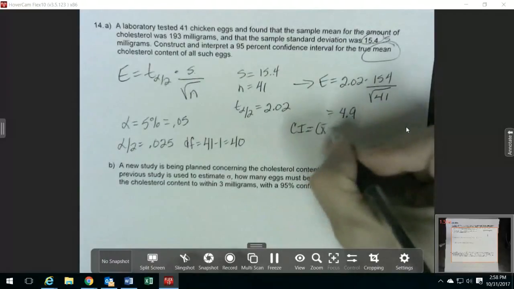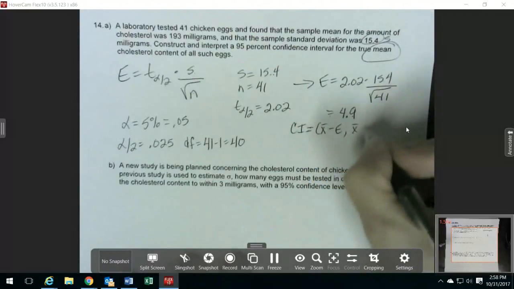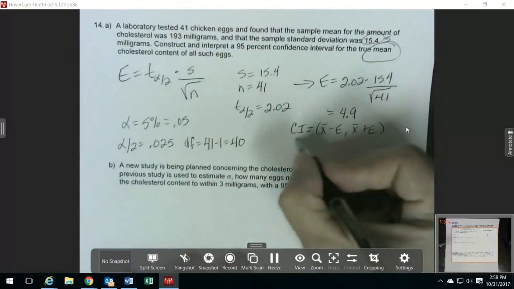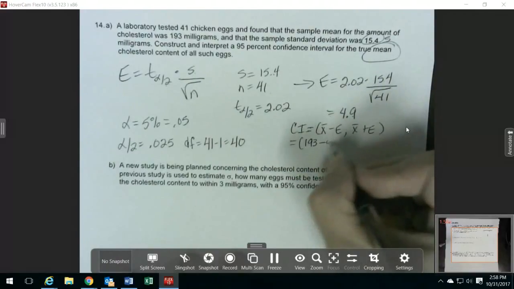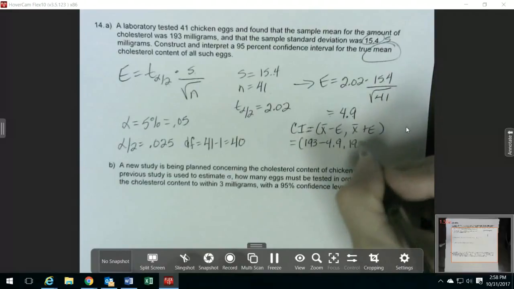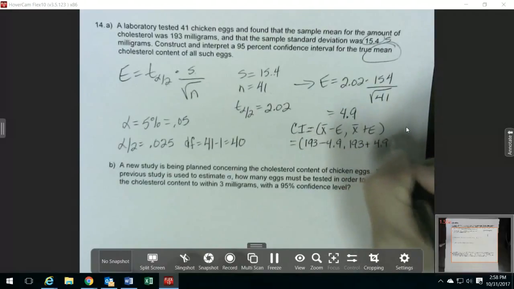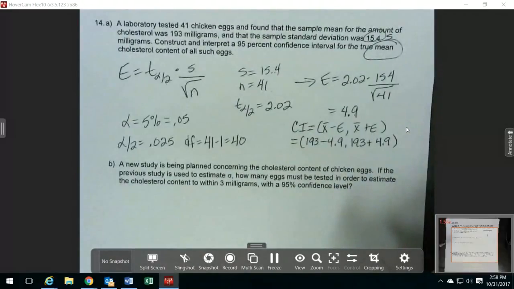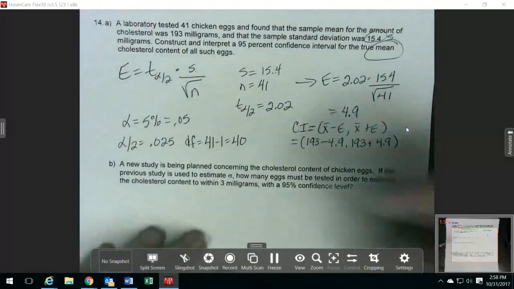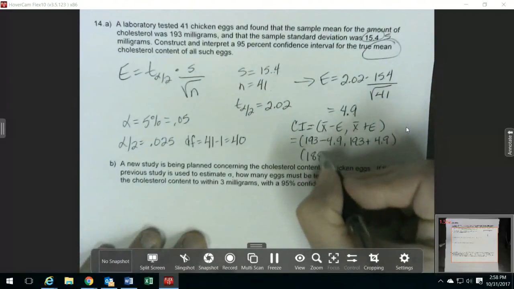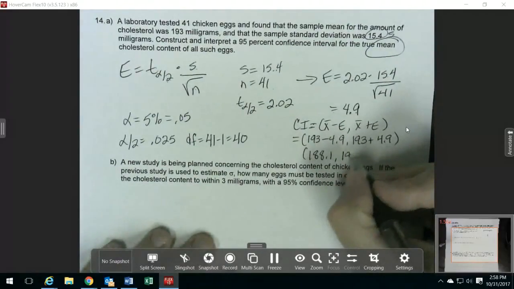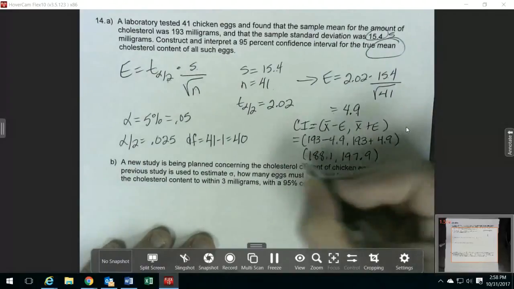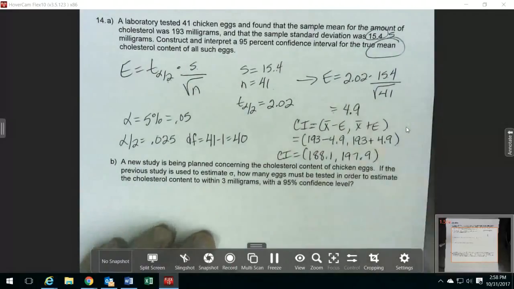So I want to take my sample mean minus the margin of error, and then my sample mean plus the margin of error. So that's going to be 193 minus 4.9 and 193 plus 4.9. Which gives me 188.1 and 197.9. So that's my confidence interval.